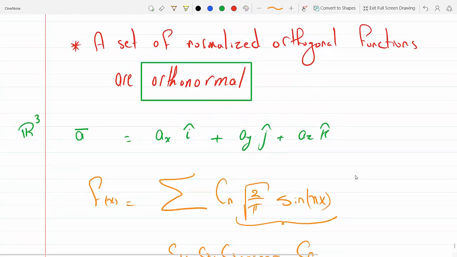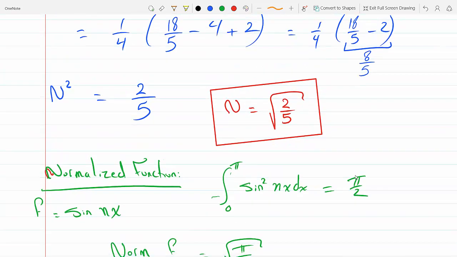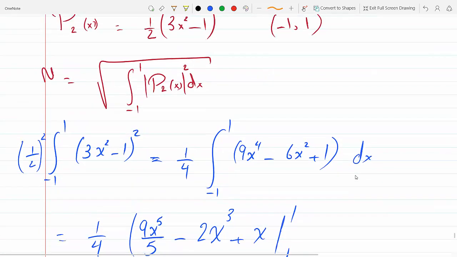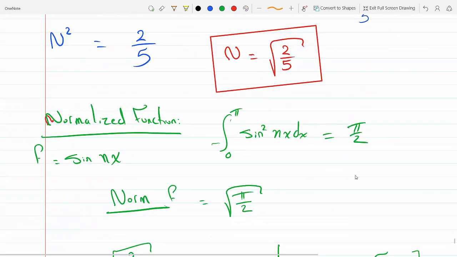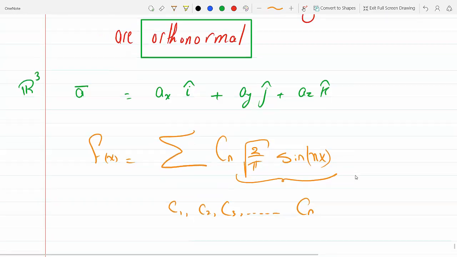So to conclude, this was sort of the qualitative discussion of the matter, but if we go back to the question, what is the basis function for what we were doing, the P2 of x? That would be the reciprocal of whatever we got, so square root 5 over 2.